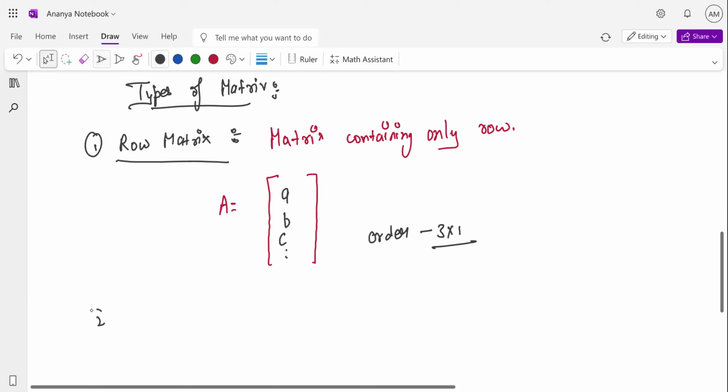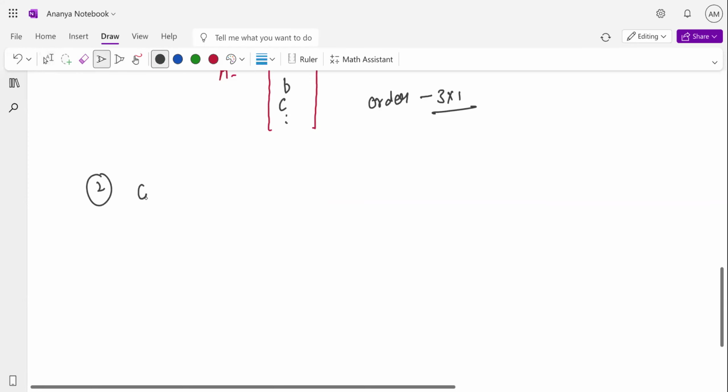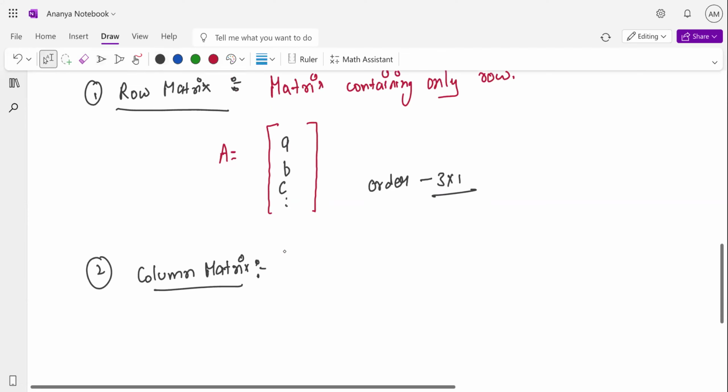Okay. So next up is the column matrix. This is basically a matrix containing only columns.